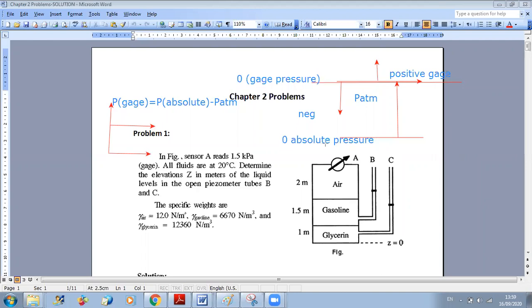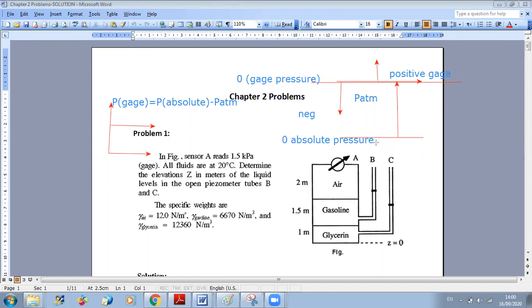The definition of 0 absolute pressure is the minimum pressure that I can reach. I cannot go below it, and you don't have any force acting. While for the atmospherical pressure, if you are in the atmosphere, you will feel a certain pressure.